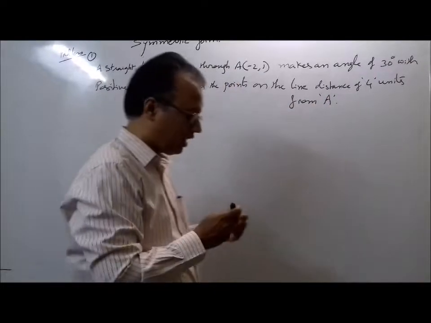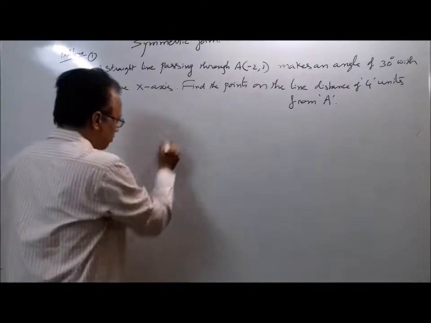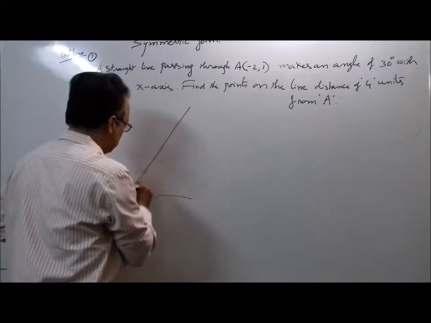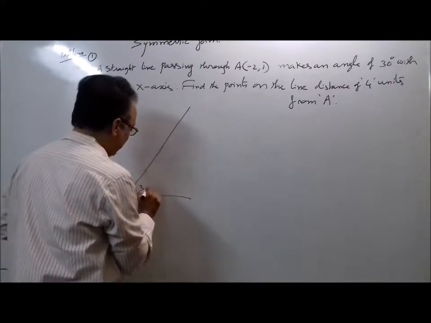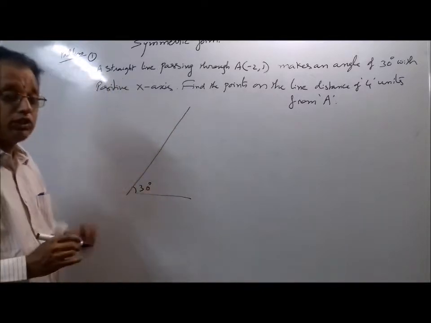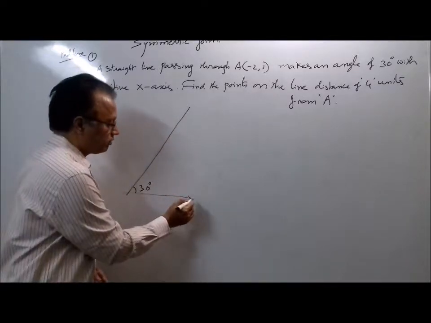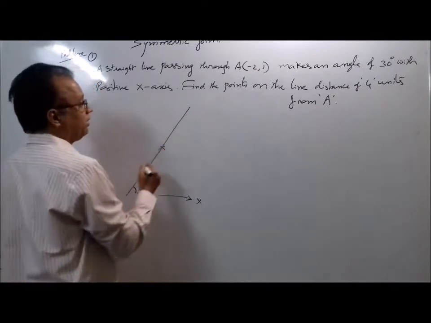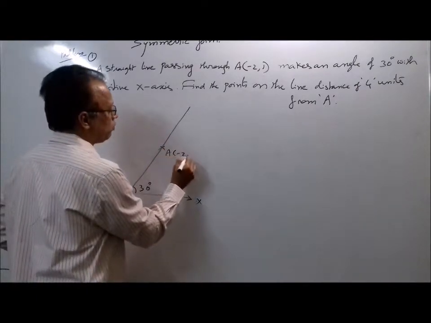So we draw the diagram. Suppose this is a line making 30 degrees with the positive x-axis. There is a point A (minus 2, 1).